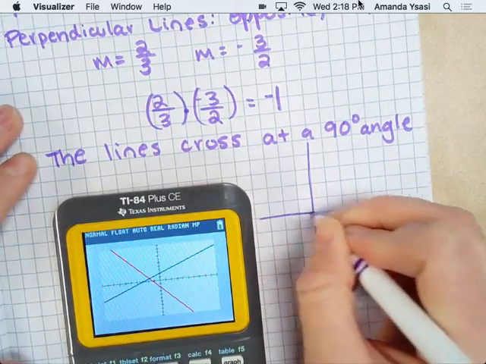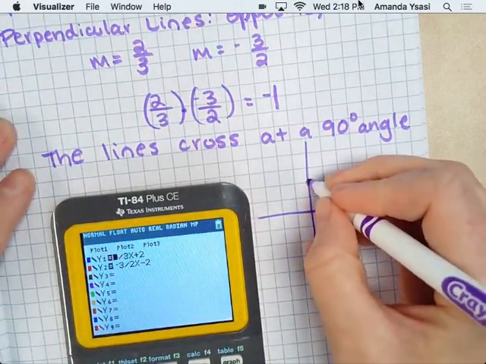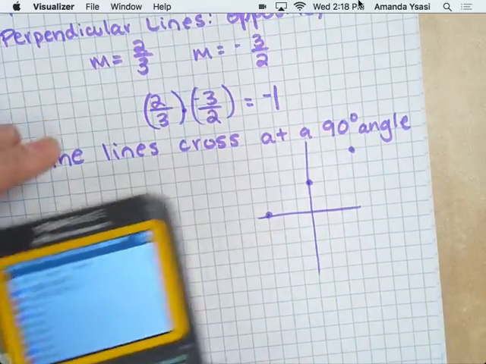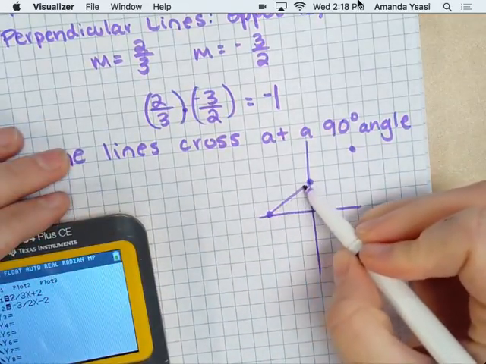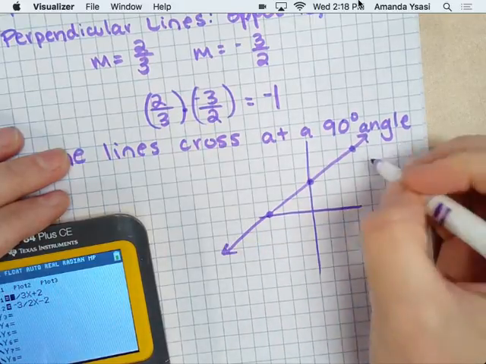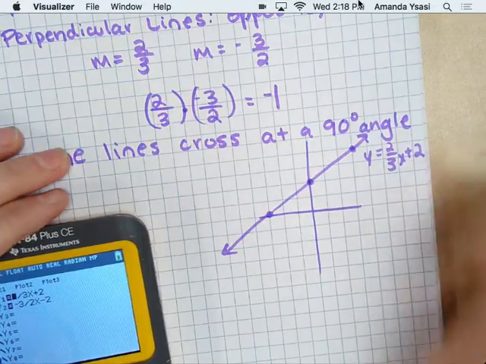Because if we were to graph it here, the first one was 2/3, so it would be like this. That's y equals 2/3 x plus 2.